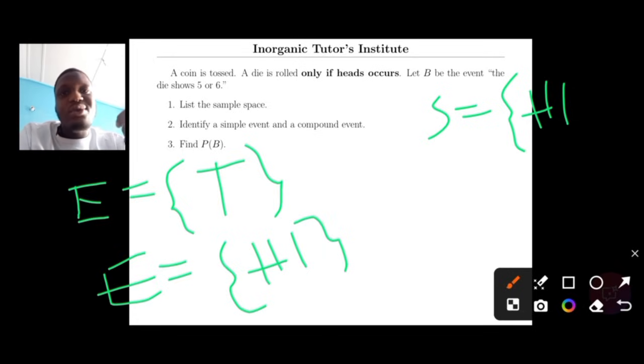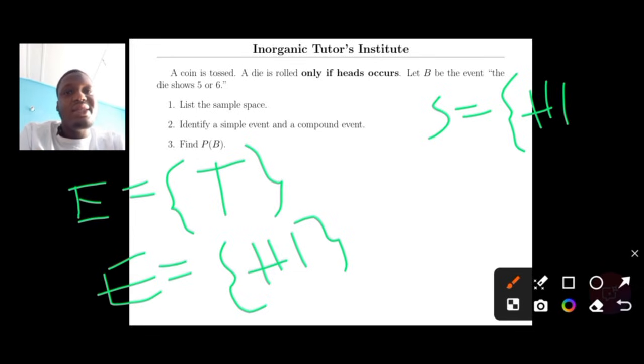Probability wants to see you writing, understanding, giving conceptual explanation to your mathematical work, not just mathematics. So H1 means the event of tossing a head and rolling a 1.